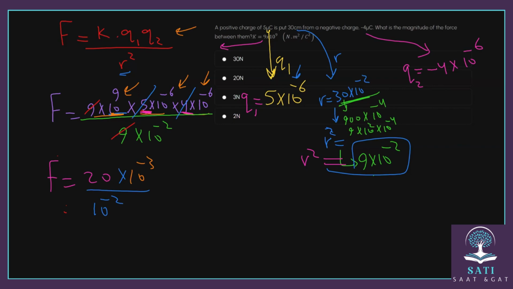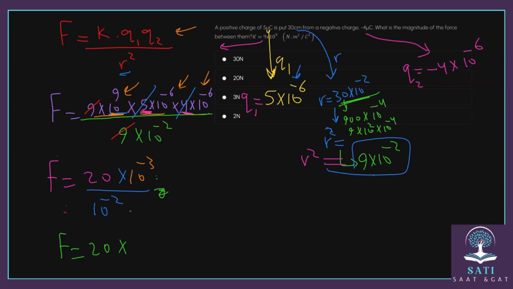Now when I divide the powers, I subtract them. So what will I get here? F equals 20 times 10 to the power of negative 3 over 10 to the power of negative 2. You're going to subtract: negative 3 minus negative 2, it's going to be plus 2.